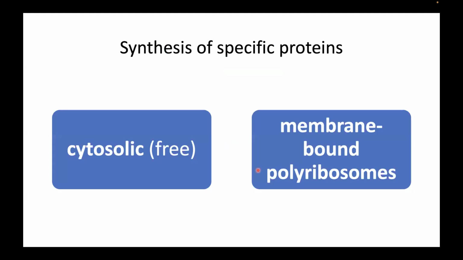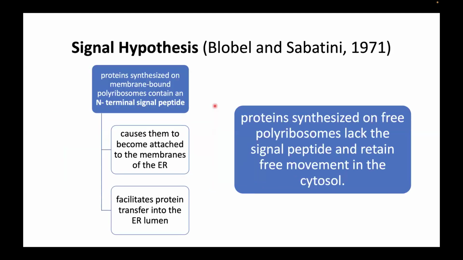Second is synthesis through the membrane-bound polyribosomes. If it is not membrane-bound or cytosolic, this is what we call free cytosolic or free synthesis. So these are the two major forms by which proteins can be synthesized.